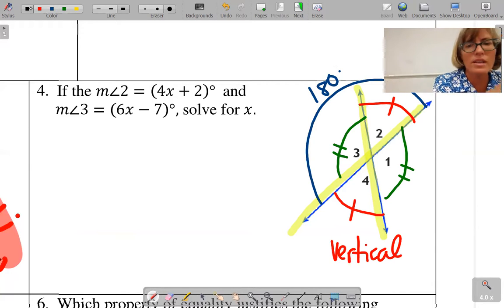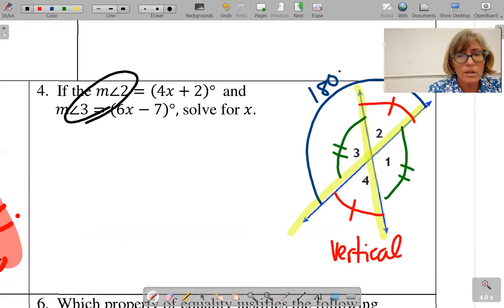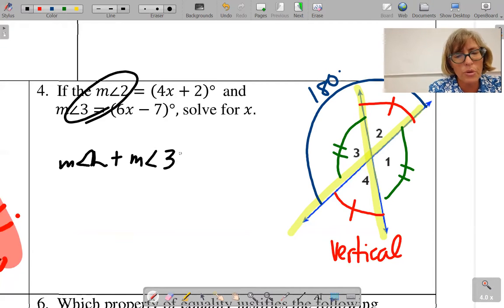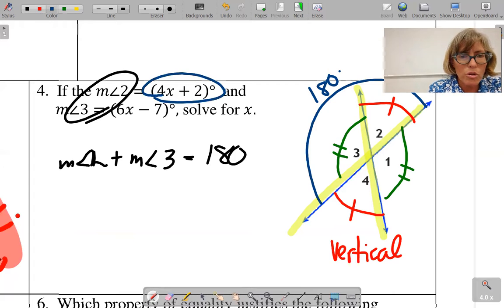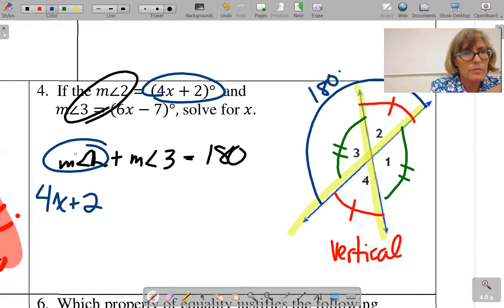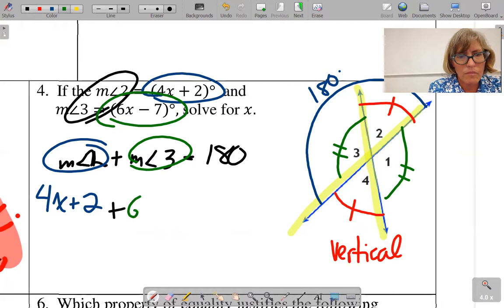Knowing this, it's asking about angles 2 and 3. So we know that the measure of angle 2 plus the measure of angle 3 equals 180. So now we circle, plug it in, and then you solve for x.